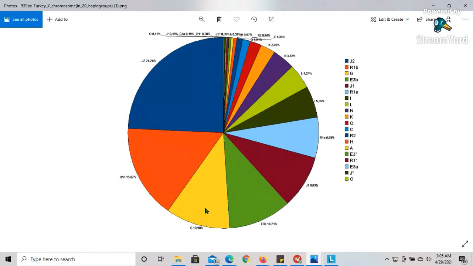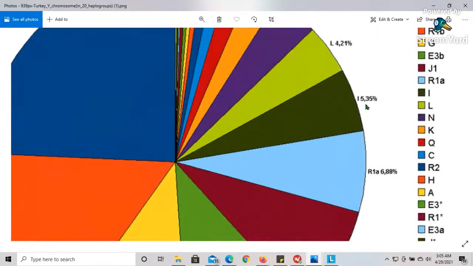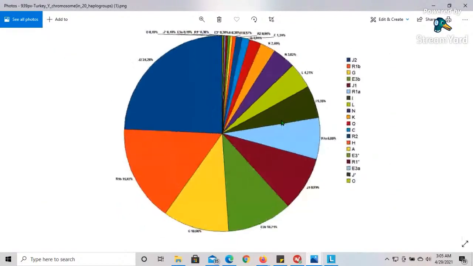Of course, this is the Syrians. And then there's J1, which is the Arabic population, which is not out of the ordinary. You have the I population, I, which is Israel.